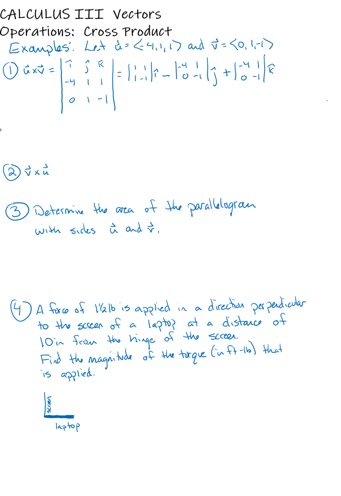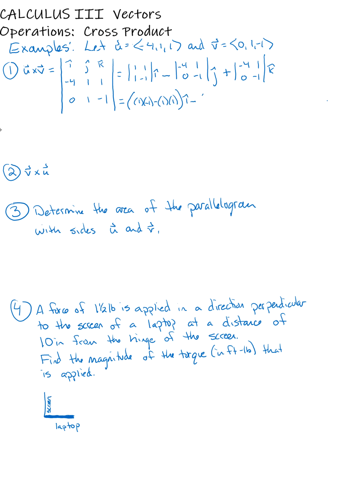That's the k component. Now we have to remember how to find the determinant of a 2 by 2 matrix. What we're going to do here is take the diagonals, top left to bottom right, minus top right to bottom left. So for the i component, that gives us 1 times -1 minus 1 times 1.